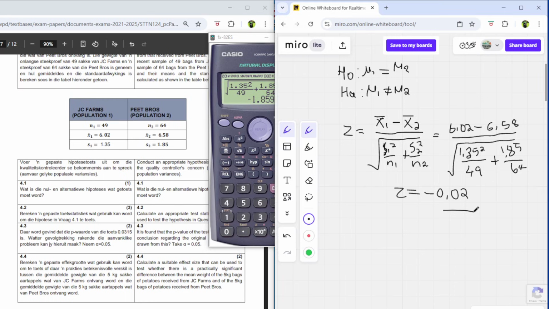You see, my answer was way off. I made some mistakes in the calculations, so always double check your calculations. Minus 1.860. That's how we find that answer. So that is the value of the appropriate test statistic.